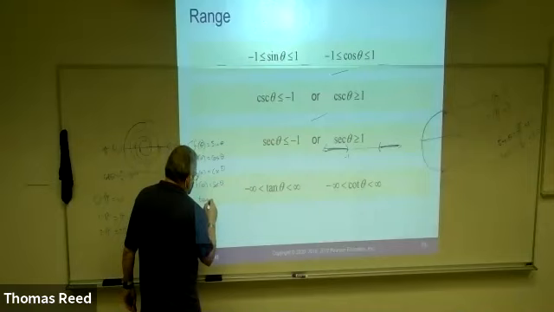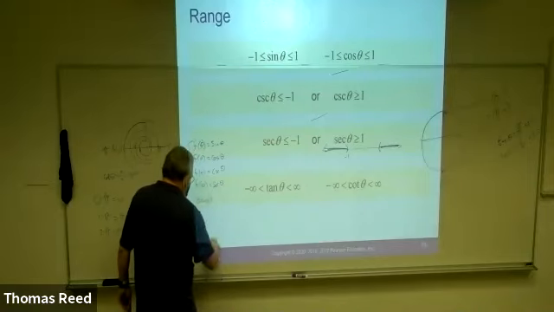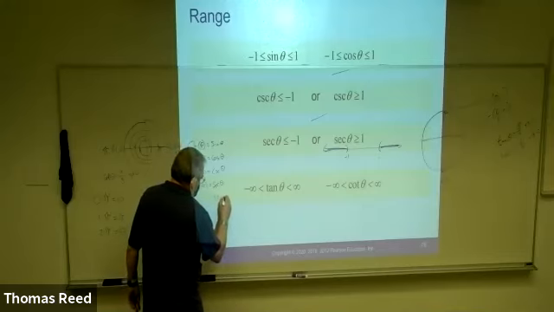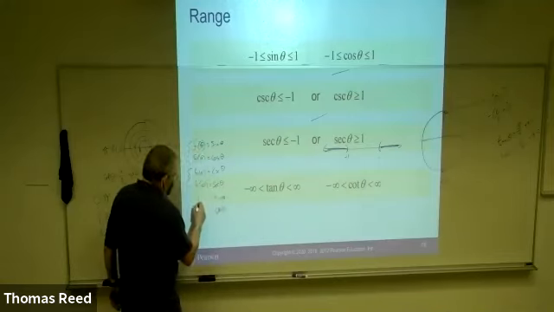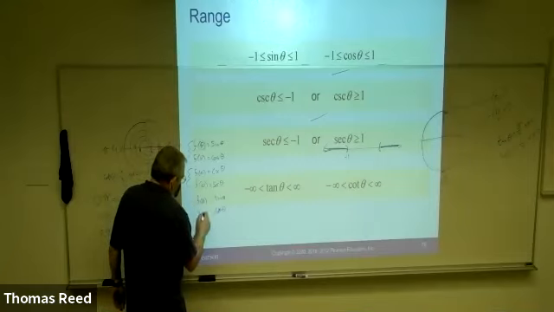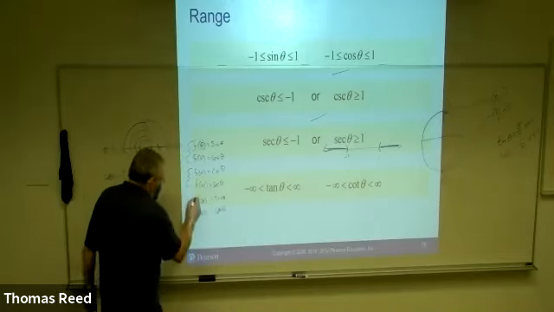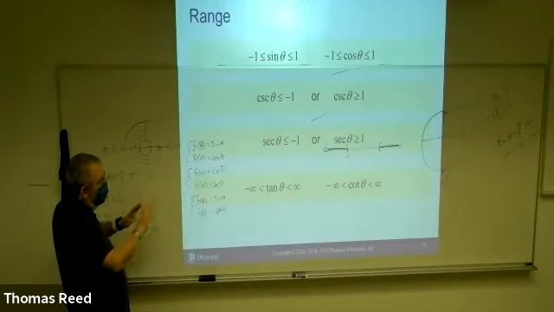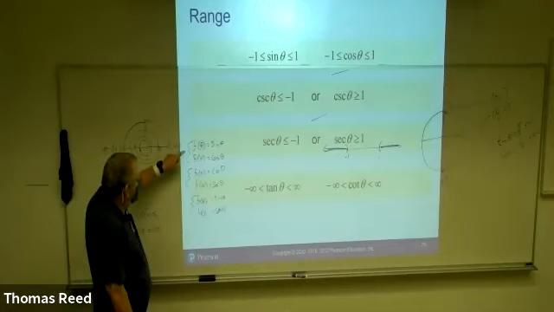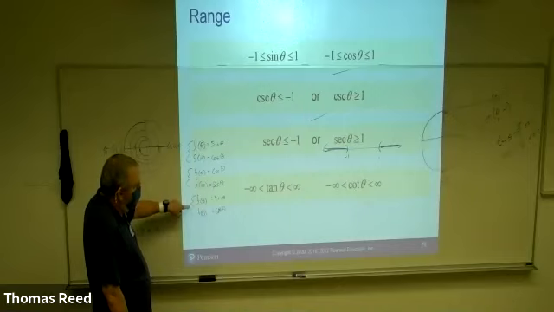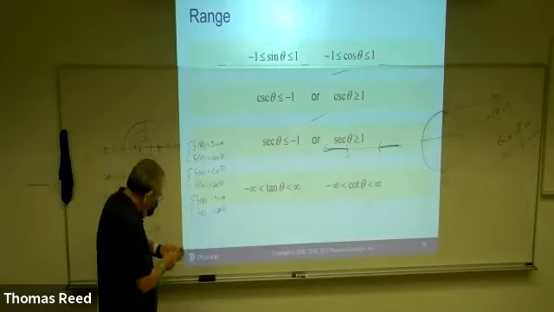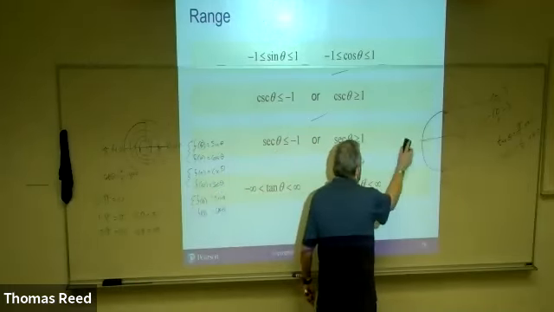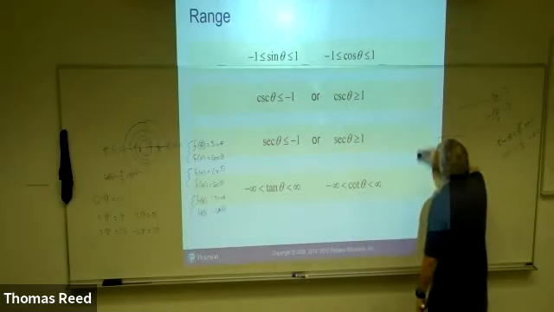And then the same thing is true of tangent and cotangent. Okay, these are just shifted either pi or half a pi. I can't remember which. I think these are shifted half a pi. Oh, I think they're all shifted half pi. It's been a little while since I looked at that specifically. Okay.